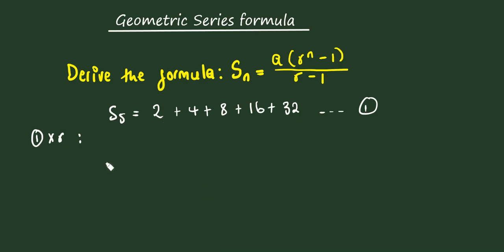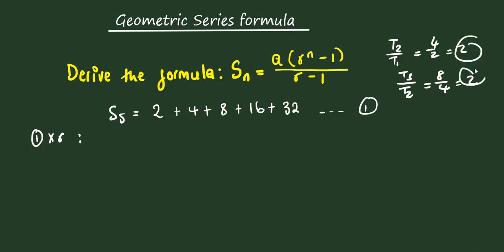To get the constant ratio, remember you say T2 divided by T1, T3 divided by T2. So T2 divided by T1 is 4 divided by 2, which is 2. And T3 divided by T2 is 8 divided by 4, which is 2. So our constant ratio is 2.